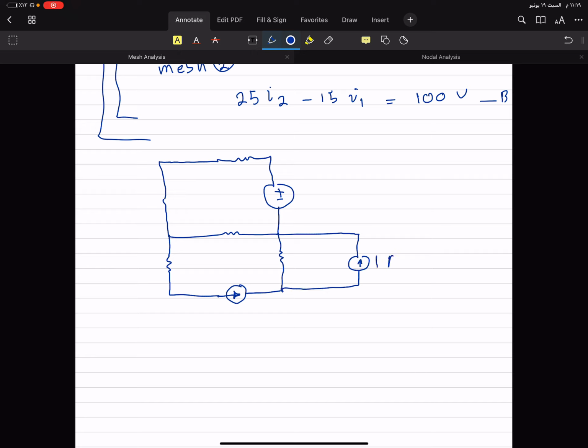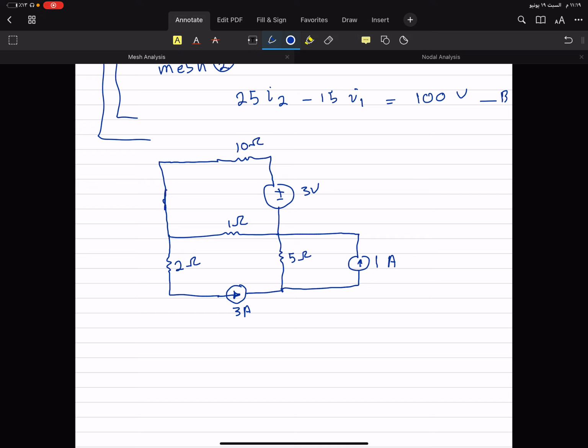Let's say this one is 1 amp, this one is 3 amp, this one is 5 ohm, this one is 2 ohm, this one is 1 ohm, this one is 3 volts, this is not a resistance, okay? This one is 10 ohms.